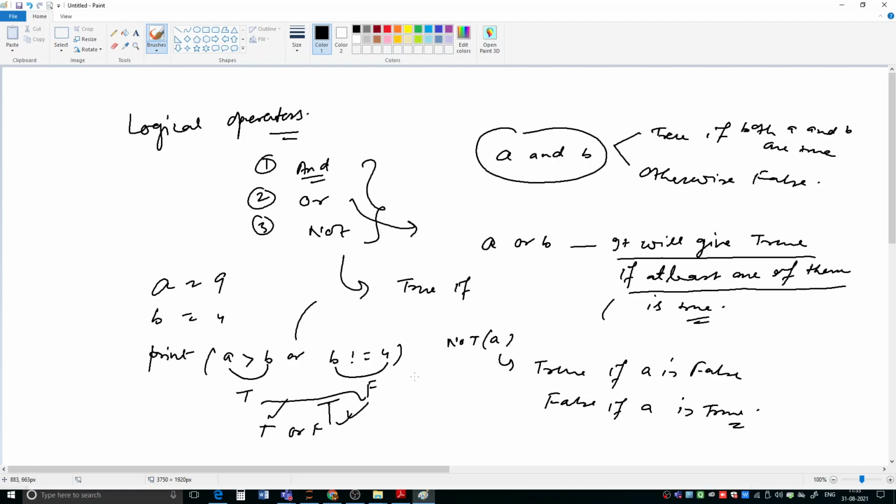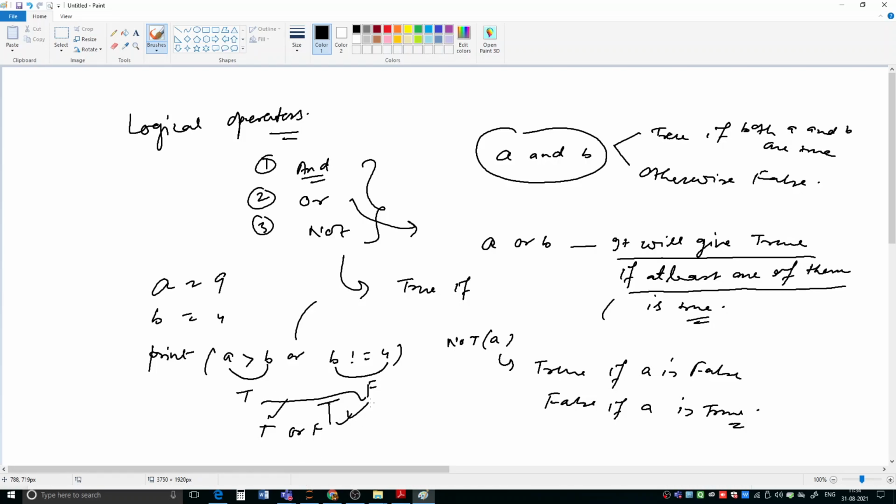It just inverts the value of the operand. If it is true, it will give you false; if it is false, it will give you true, right? So these are the logical operators.